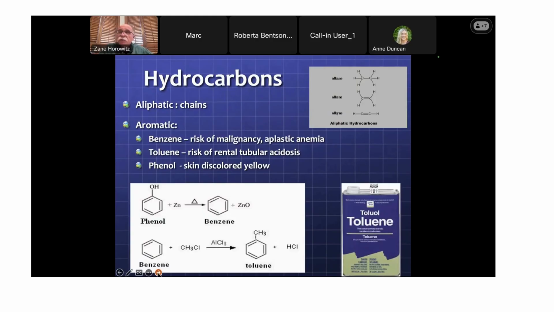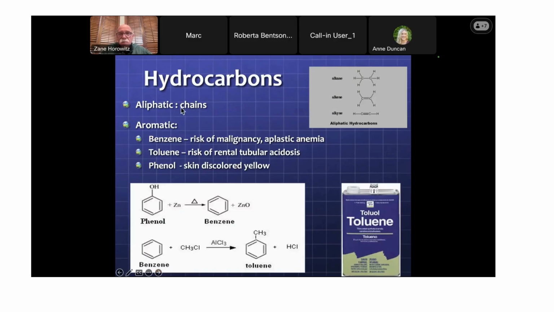Let's switch gears a little bit to hydrocarbons. Going back to chemistry, there are aliphatic, which are chains of carbons and hydrogens. There are substituted aliphatic chains, like halogenated chains that have chloride, fluoride, and bromide attached to them.